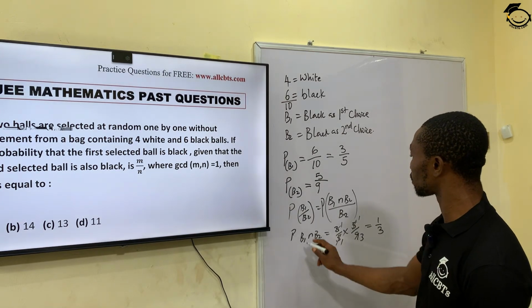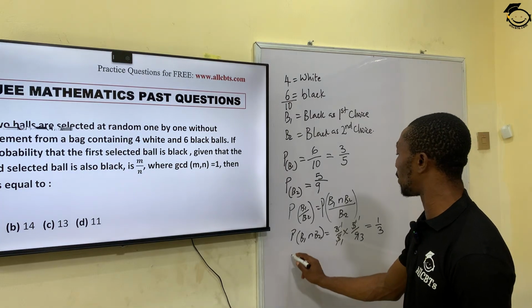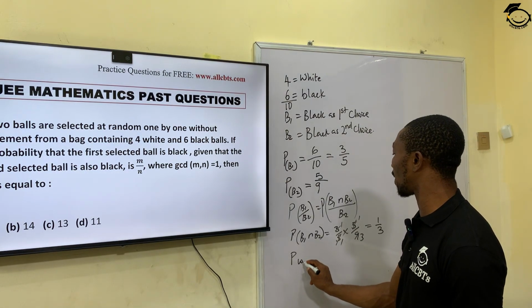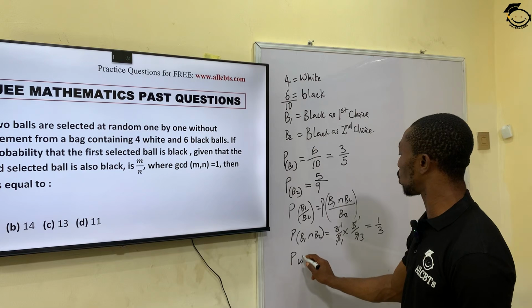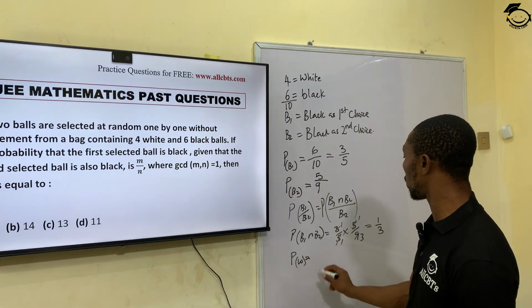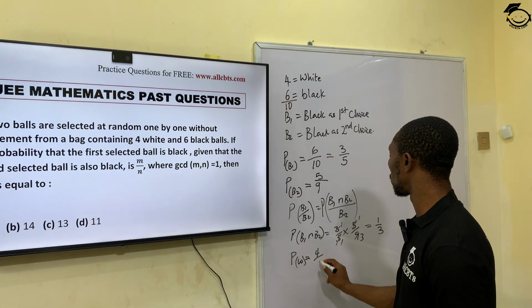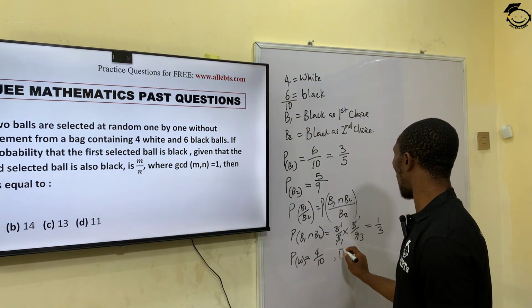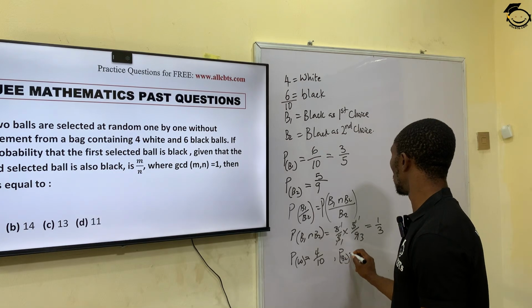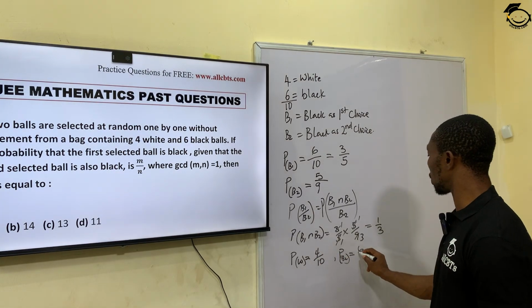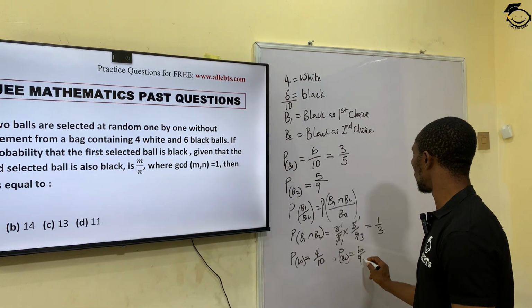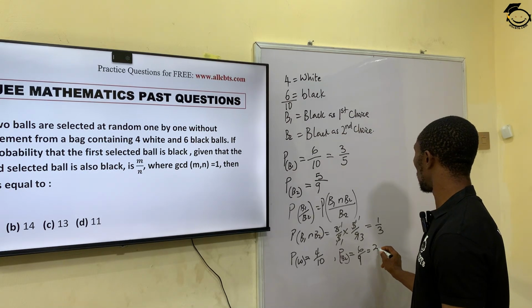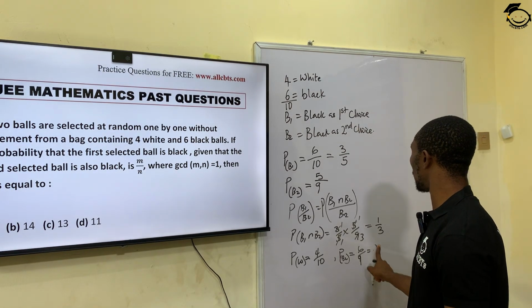Now next, we are going to find the probability of picking a white first. The probability of picking a white first will be 4 over 10. And the probability of picking a black second will be 6 over 9, which will give us 2 over 3.